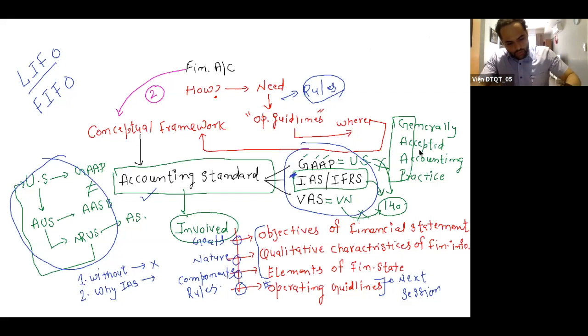Okay, so yes, last in, first out, first in, first out. That's right. These are the inventory valuation methods. With the help of these methods, we understand how we calculate the value of inventory. Have you studied these methods in your previous subjects?